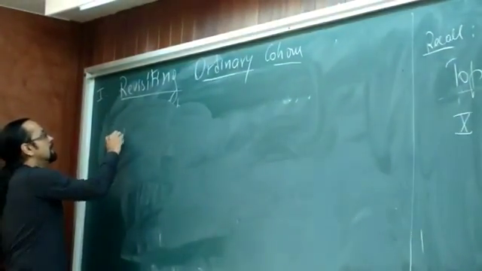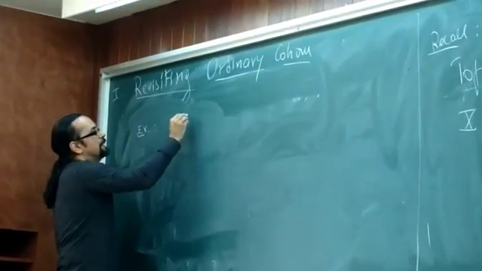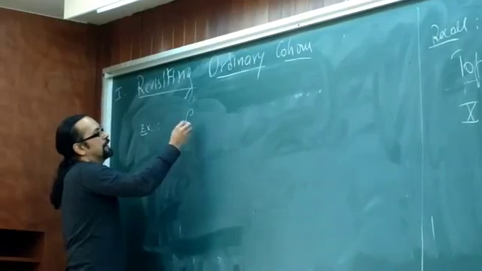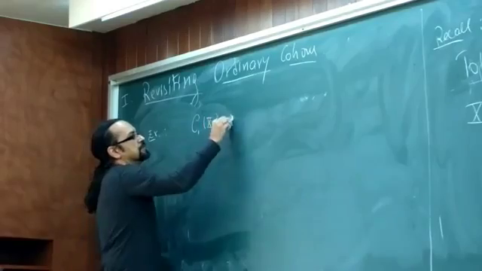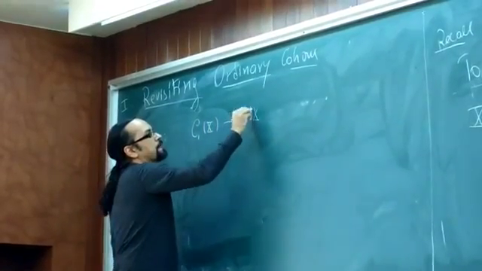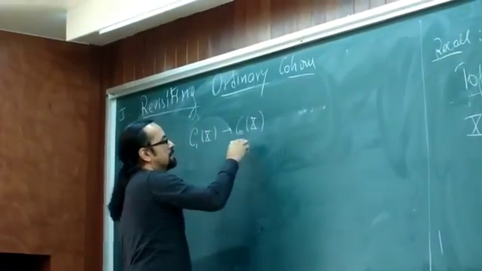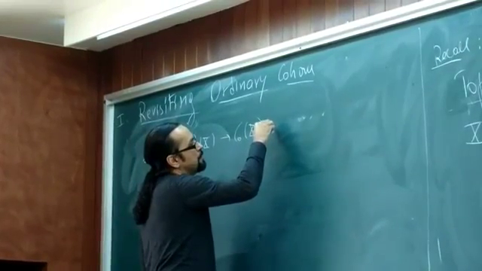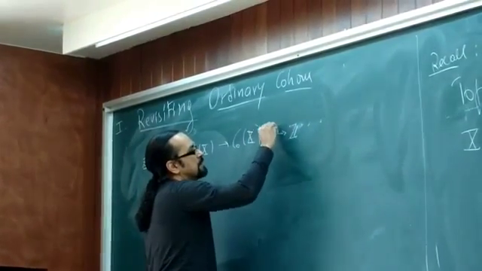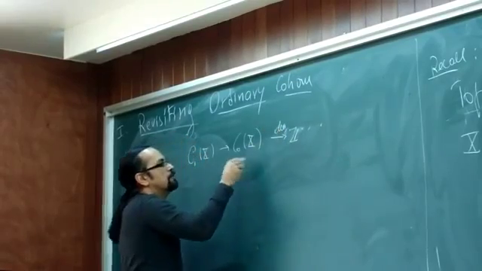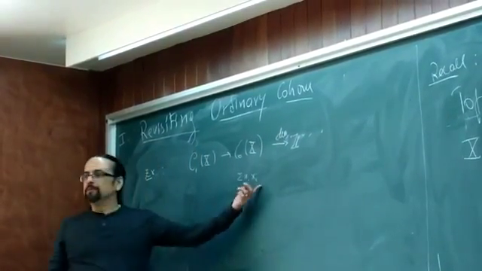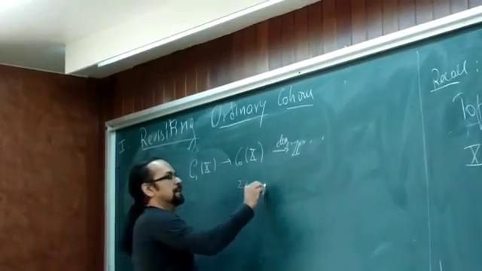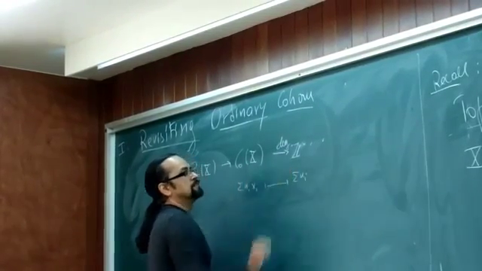So for example, you have an augmentation, so you have here C_1(X), which goes to C_0(X), and C_0(X) goes to Z, just a degree, because an element of C_0(X) is just a formal sum of points in X, and I send it to the sum of the n_i.